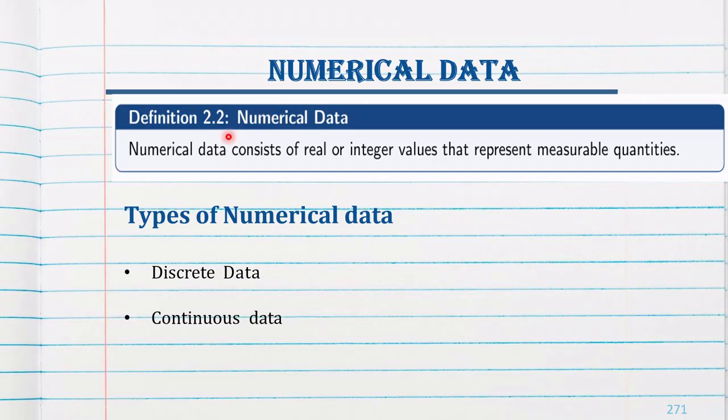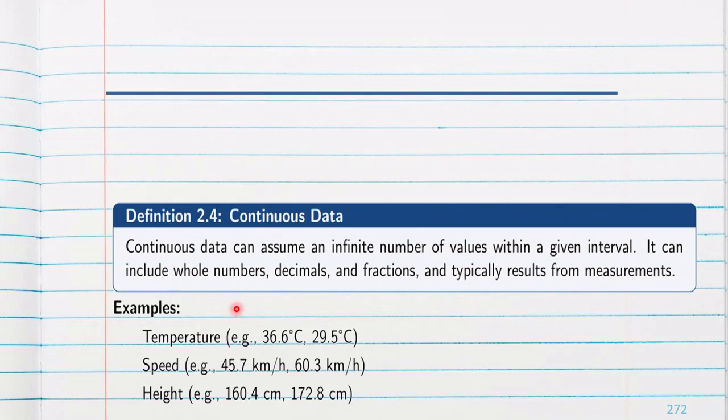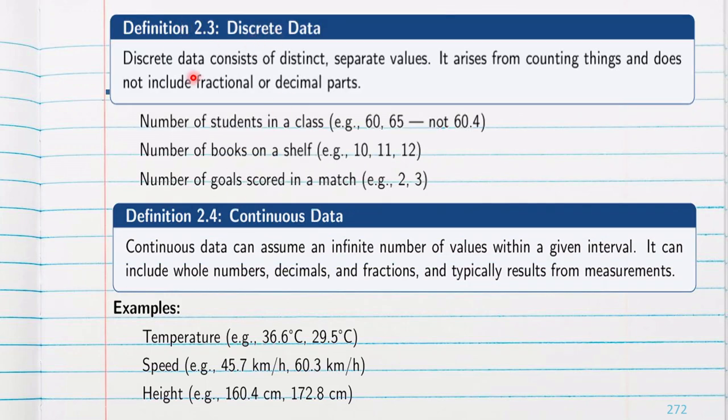Numerical data. Numerical data consists of real or integer values that represent measurable quantities. So numerical data is divided into two: discrete data and continuous data. Discrete data consists of distinct separate values. It arises from counting things. Whatever we can count, countable objects, are known as discrete data.